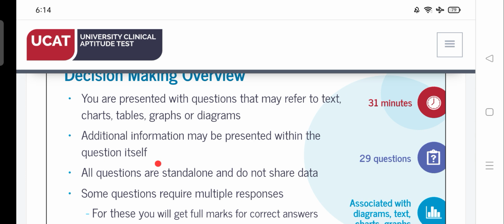So as I have already told you, the question could be in the form of text, or in the form of charts, tables, graphs, or diagrams. But additional information can also be included with these charts, tables, or graphs. They will give you a chart, but there is also additional information in the form of a passage, so you can conclude your answers by overviewing your passage and the charts both.